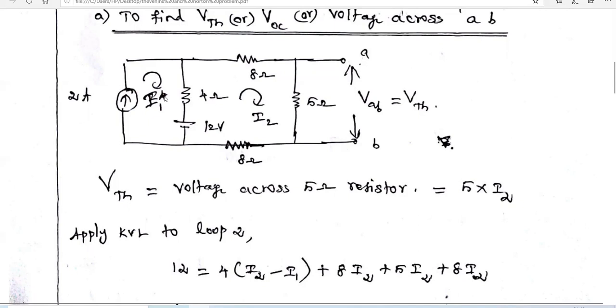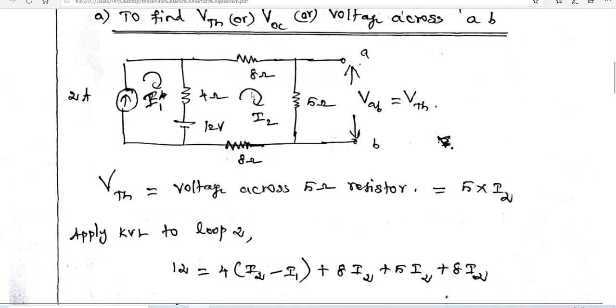This 4 ohm is common to the first loop and the second loop. The I2 current flows from bottom to top, and the I1 current flows from top to bottom. So the current is I2 minus I1.